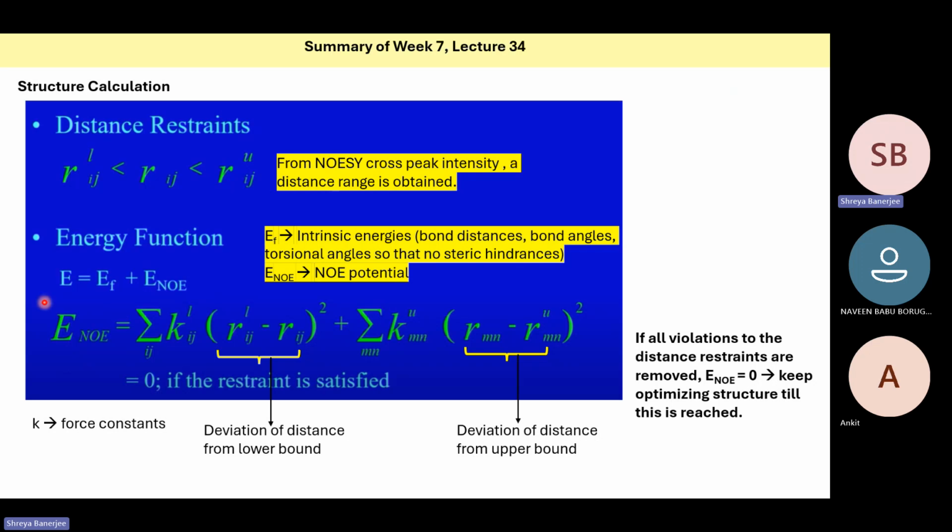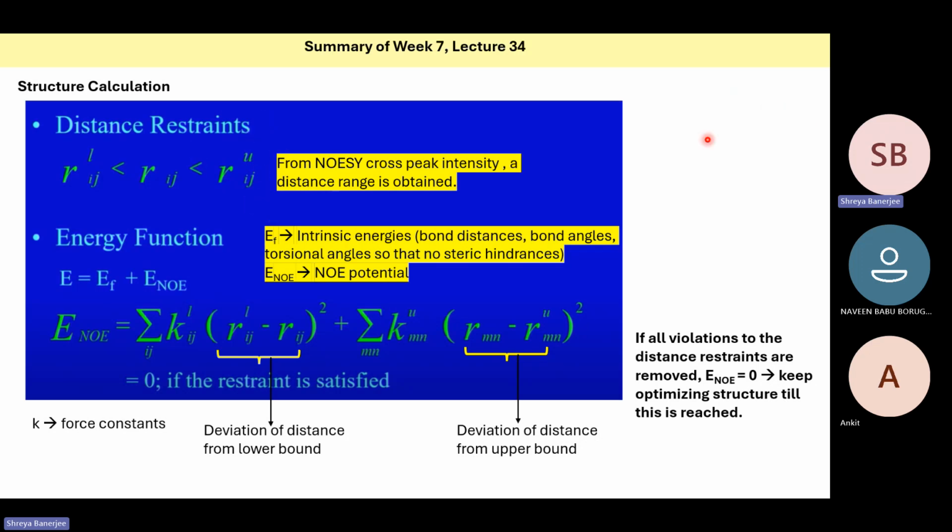Now, this ENOE, basically, we have to keep optimizing the structure till the ENOE is 0. And when the ENOE will be 0 is when all the NOE distance constraints are satisfied. So, there are certain distance constraints or distance restraints which we are deriving from NOE.